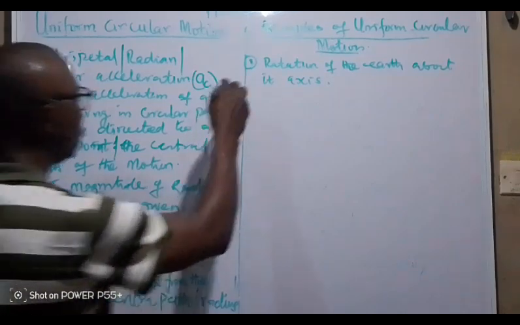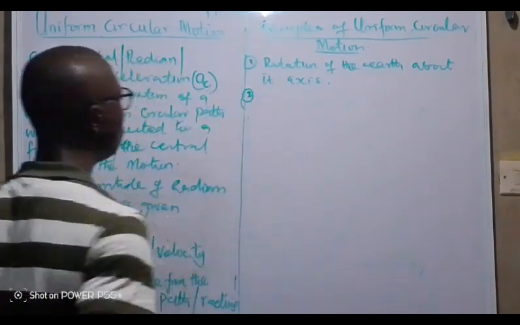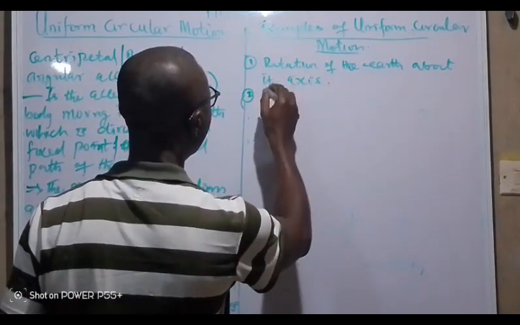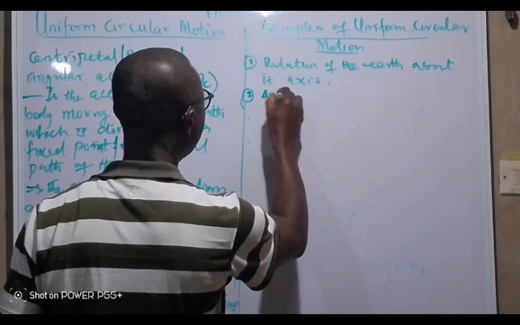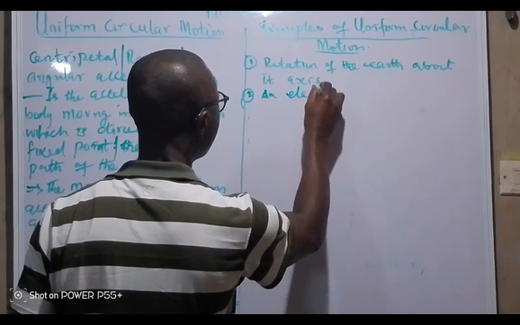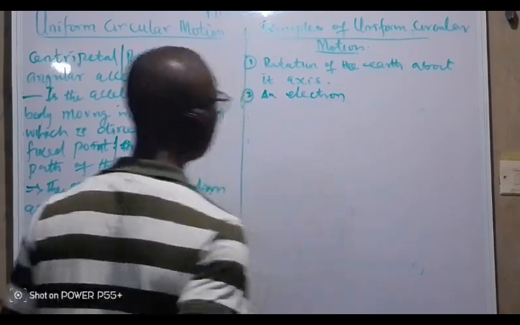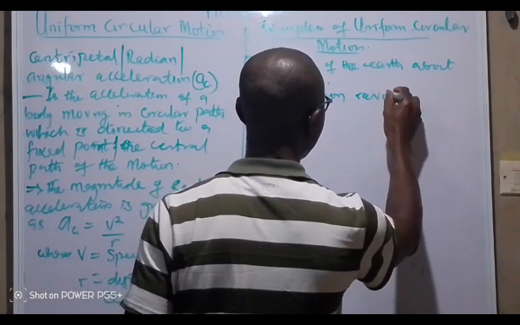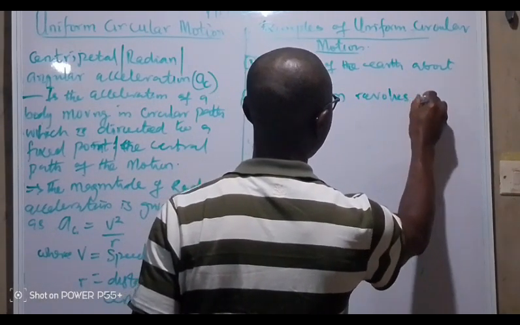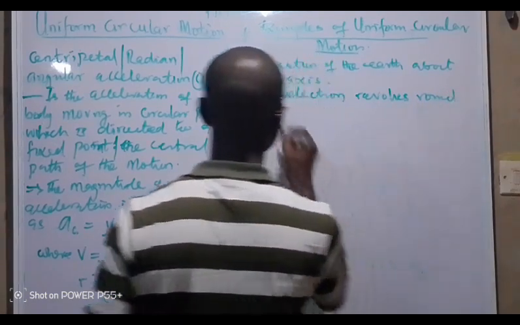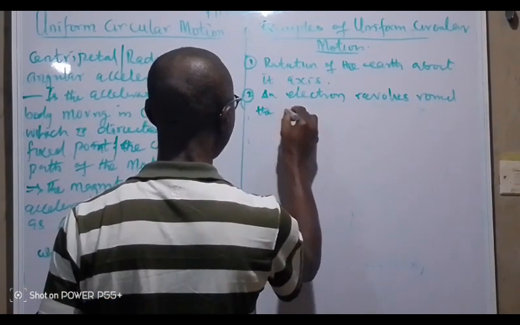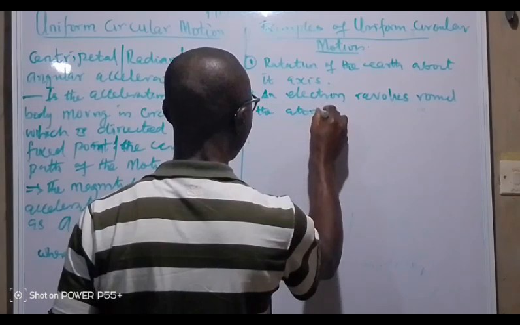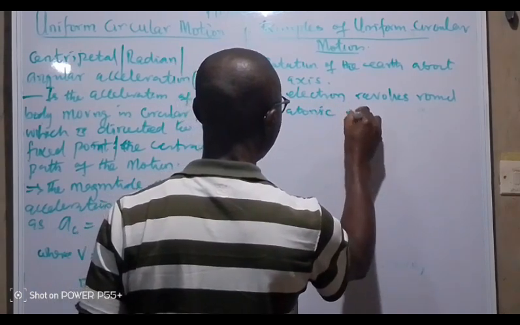Number 2: an electron revolves round the atomic nucleus.